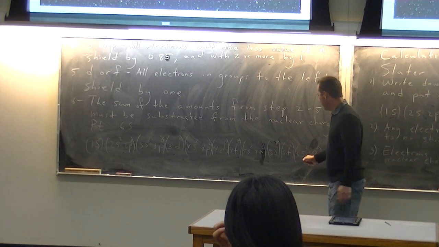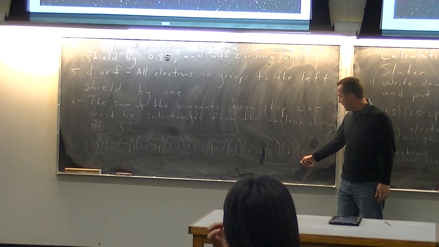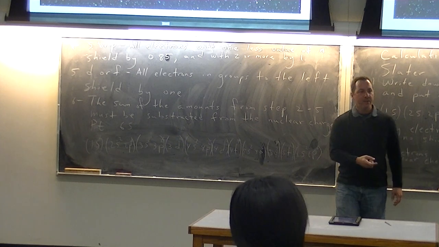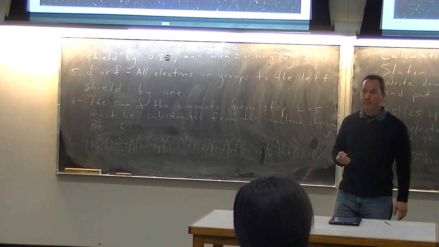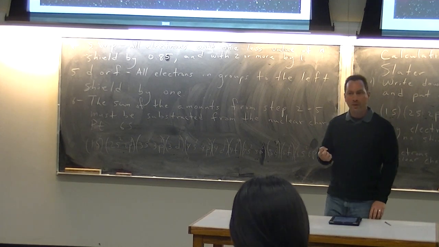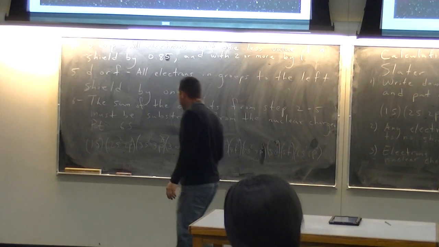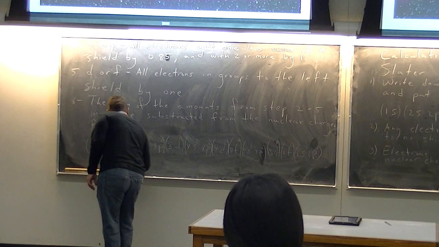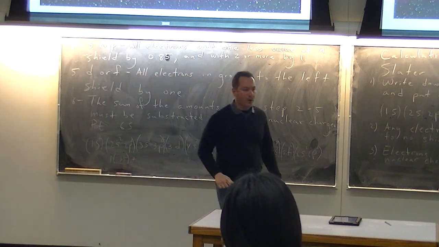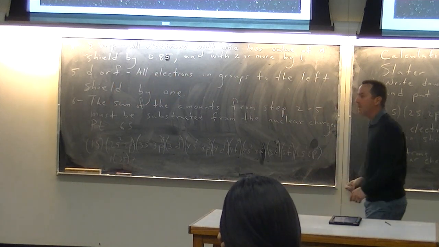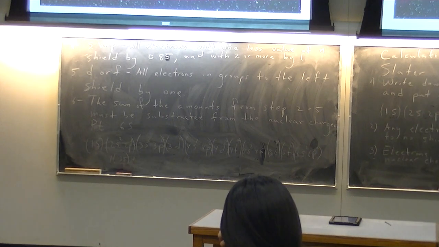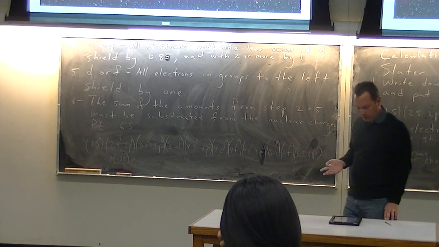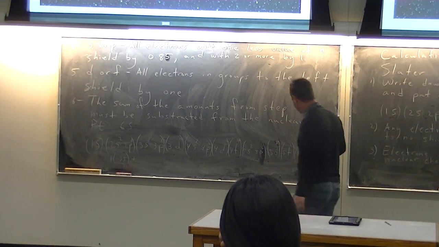If you're in the 6s, how many electrons are in the same group? Just one, right? So write 1 times 0.35, plus how many electrons are in an n-1 group? Well, an n-1 group is basically all these.